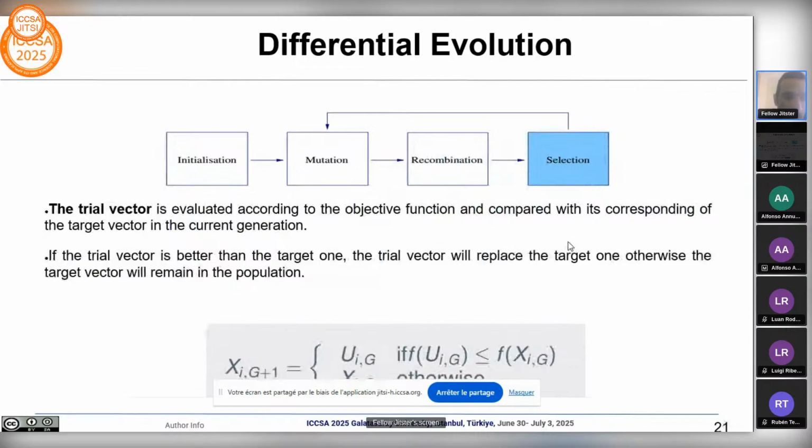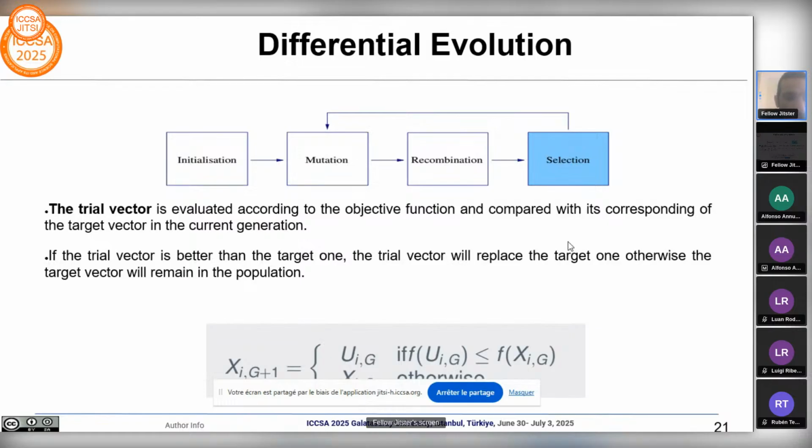After that, the final step is the trial vector. It is evaluated according to the objective function and compared with its corresponding target vector in the current generation.